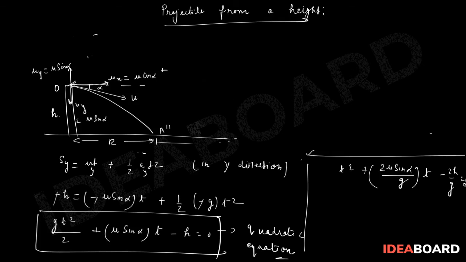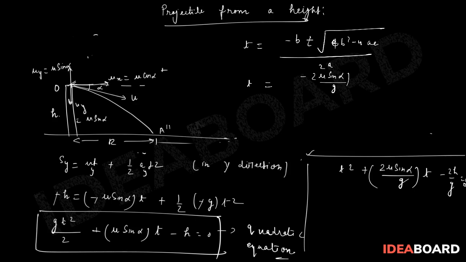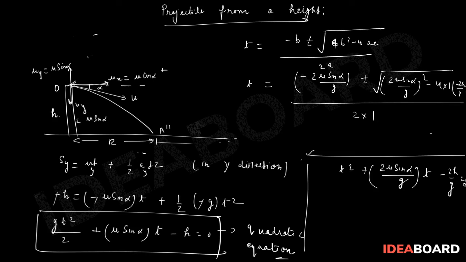So t is equal to minus b plus minus under root of b square minus 4ac upon 2a. So minus b is minus 2u sin alpha by g, plus minus root of b square, which is 2u sin alpha by g whole square, minus 4a c, where a is 1 and c is minus 2h by g, upon 2 into 1. So this is going to be the value of t. In fact, you can solve these things, which is not at all tough here.